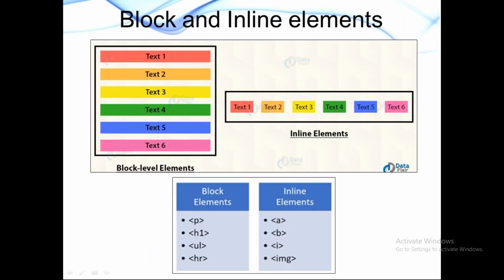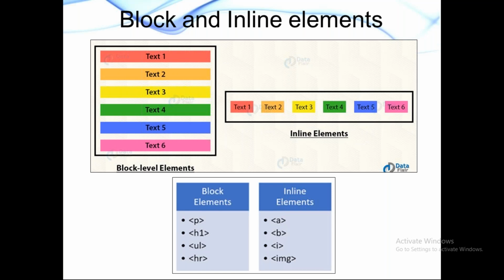Okay. Then we discussed block and inline elements. So what do you mean by block and inline elements? The block element will occupy the entire width of the container. The inline element will occupy only the space that is really required for display.